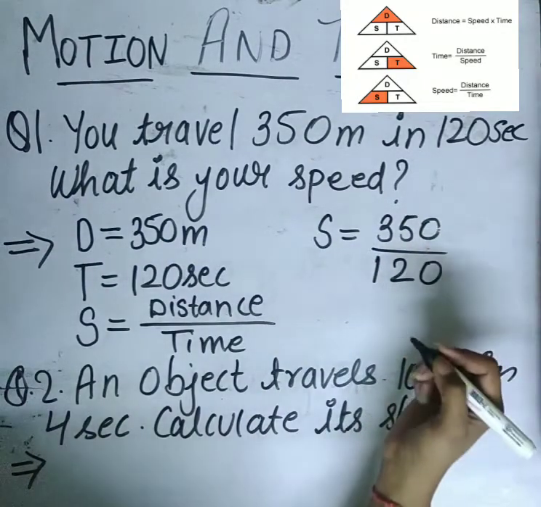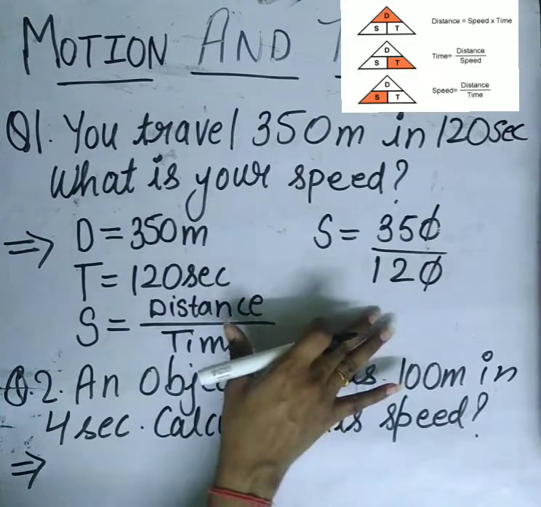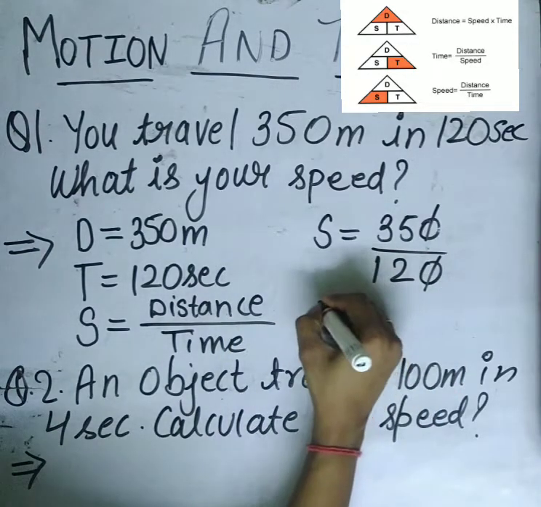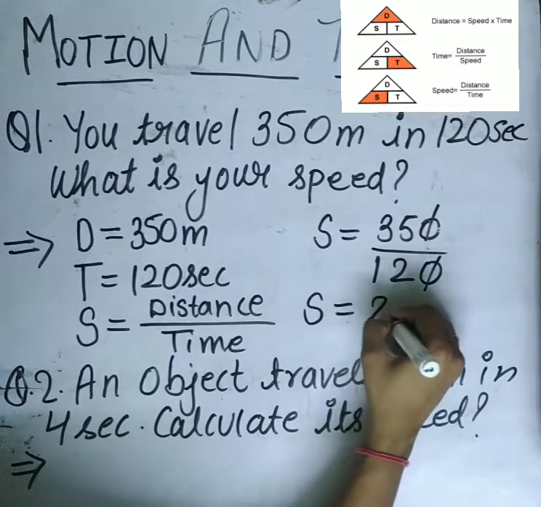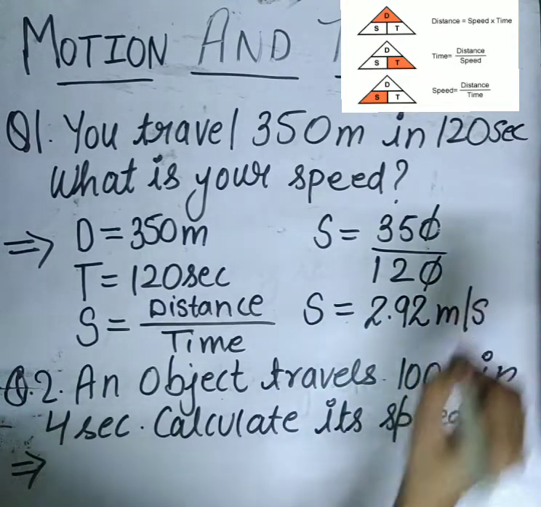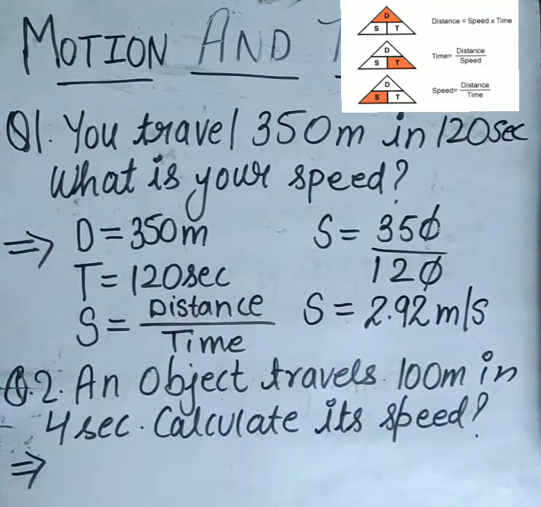Now a simple cut will do: 0 and 0 will get cancelled, and then if we divide by 12, we will get our speed as 2.92 meter per second. That's it. Writing m for meter and s for second is the way to write down this unit.